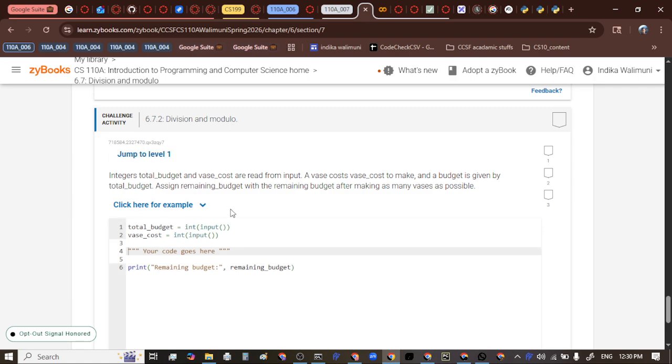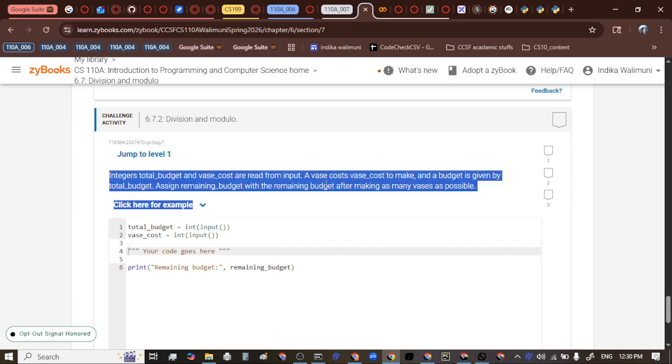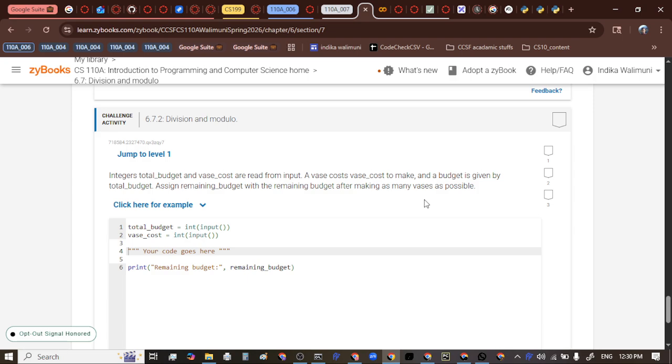Okay, so integers total budget and waste cost are read from input. The waste cost to make a vase, and a budget is given by total budget. Assign remaining budget with the remaining budget after making as many vases as possible.